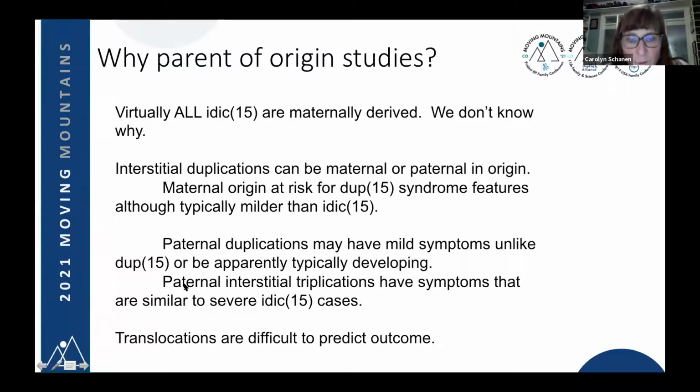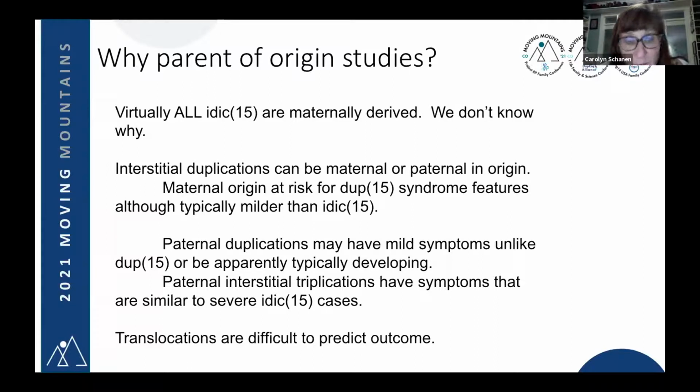The other thing is that if it's a paternal interstitial triplication, which is what we saw, that looks a lot like an IDIC, they can have symptoms that look just like the severe IDIC 15 cases. So it's another reason that you need to know where the chromosome came from.